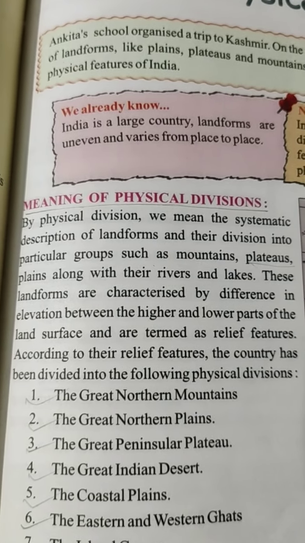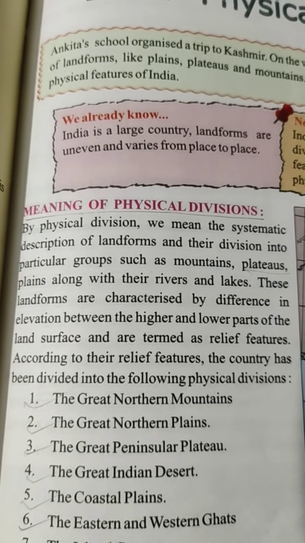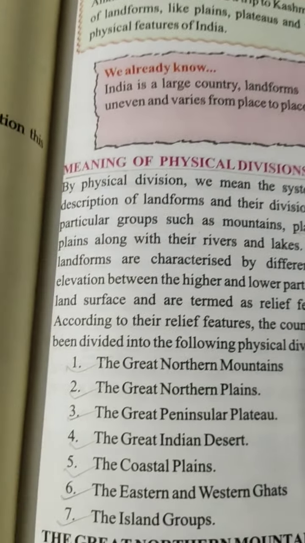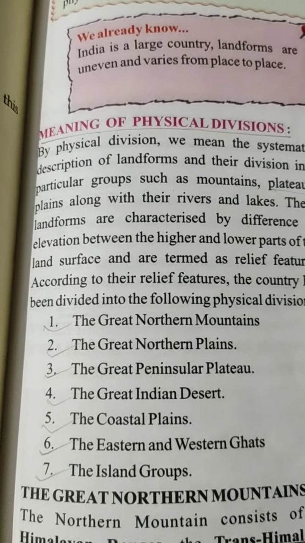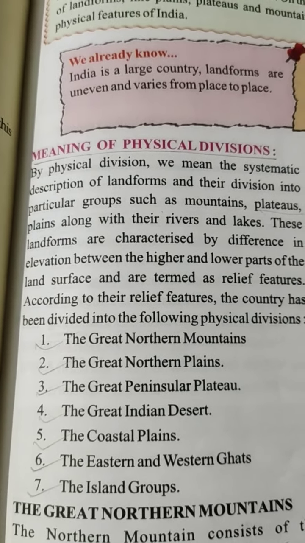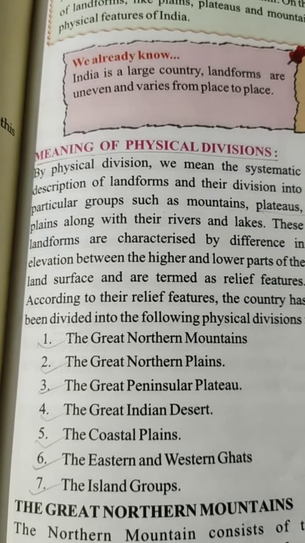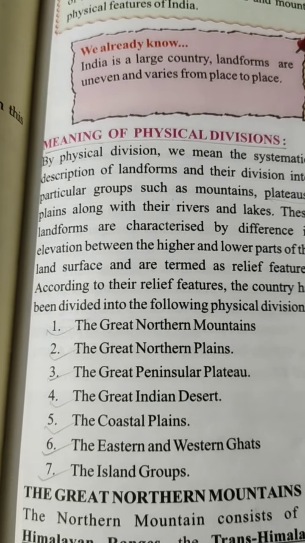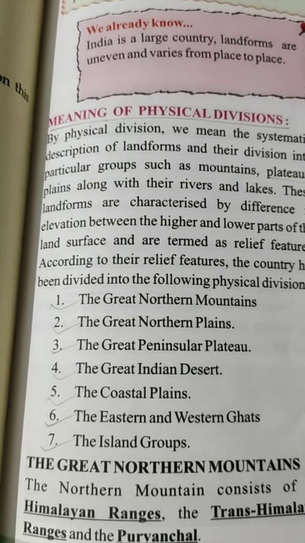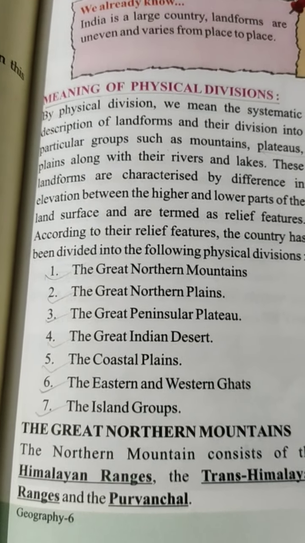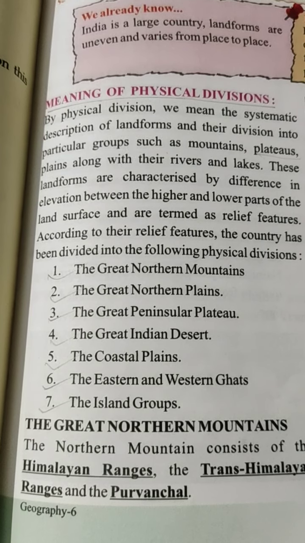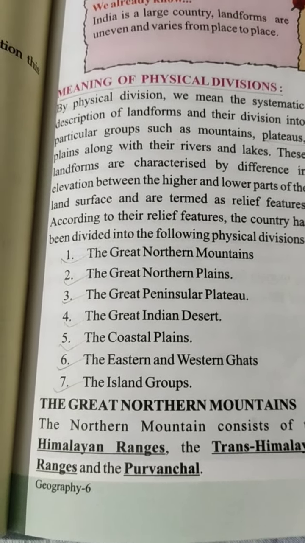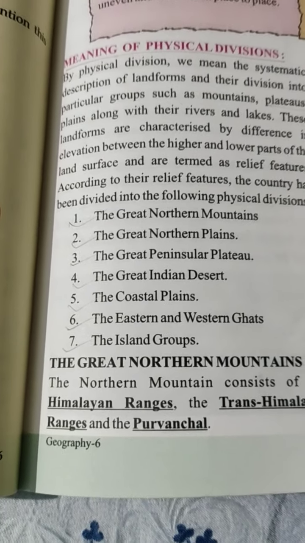According to their relief features, the country has been divided into the following physical divisions. Now we will discuss them one by one. Number 1, the Great Northern Mountains. 2, the Great Northern Plains. 3, the Great Peninsular Plateau. 4, the Great Indian Desert. 5, the Coastal Plains. 6, the Eastern and Western Ghats. 7th, the island groups.